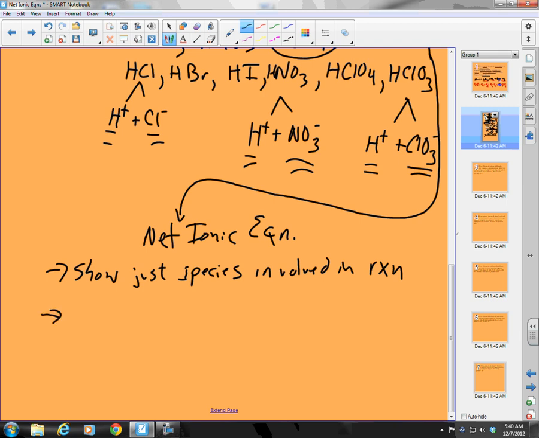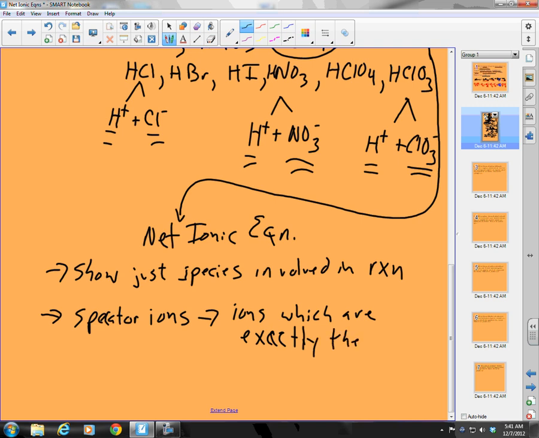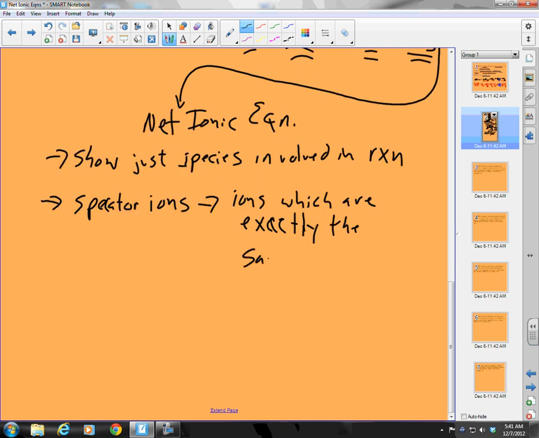Okay, so first thing we want to do is identify spectator ions. So what are my spectator ions? Spectator ions are ions which are exactly the same on both sides of the equation.